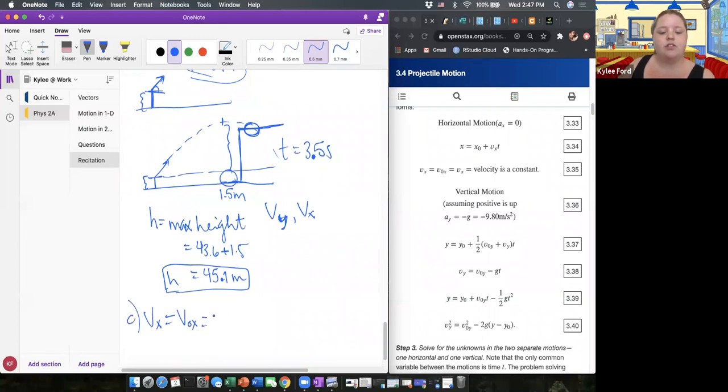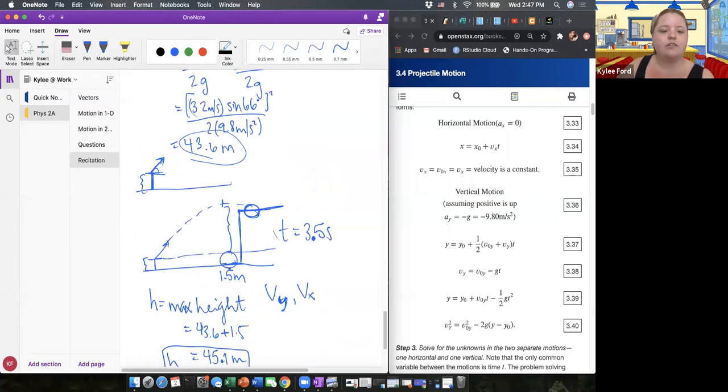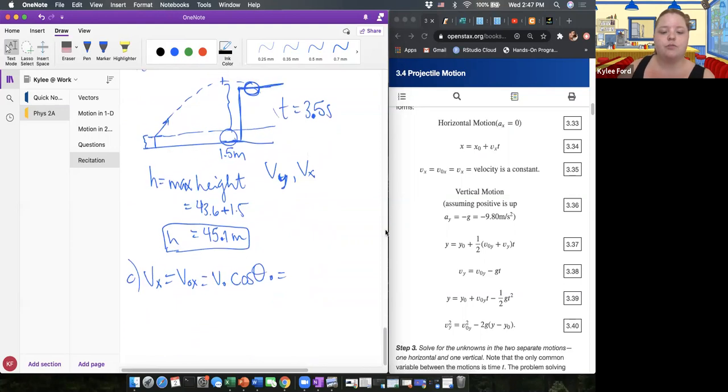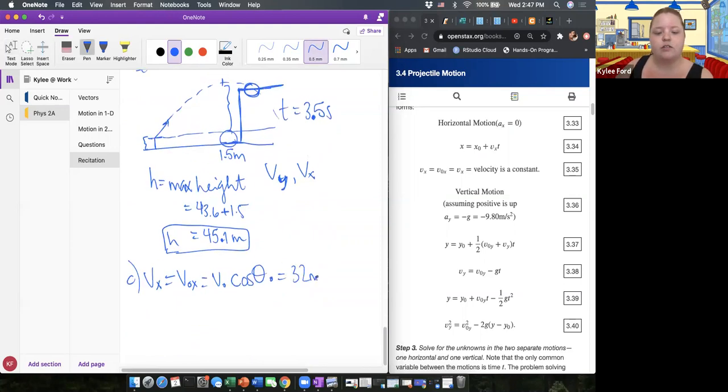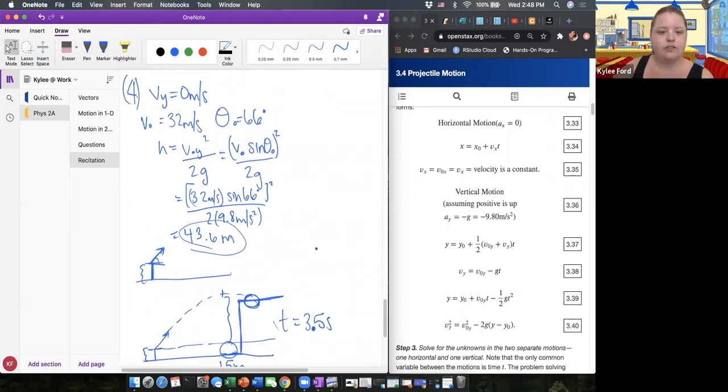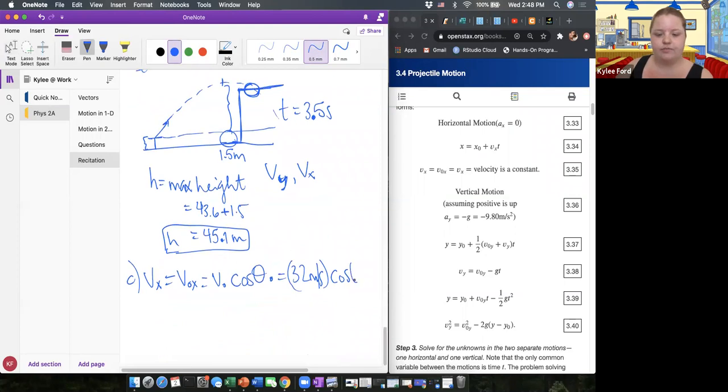So I'm going to say it equals V naught times cosine of theta naught, which was 32 meters per second times cosine of 66 degrees.